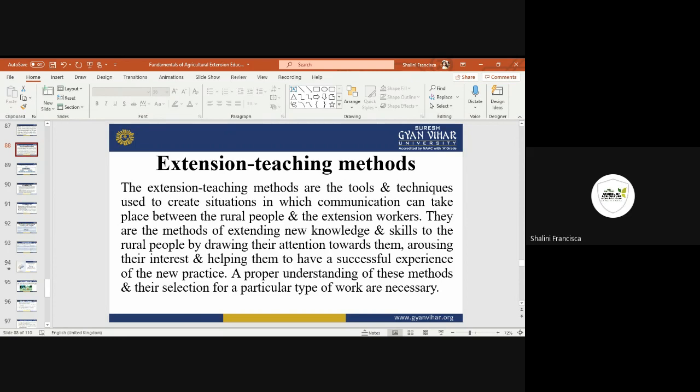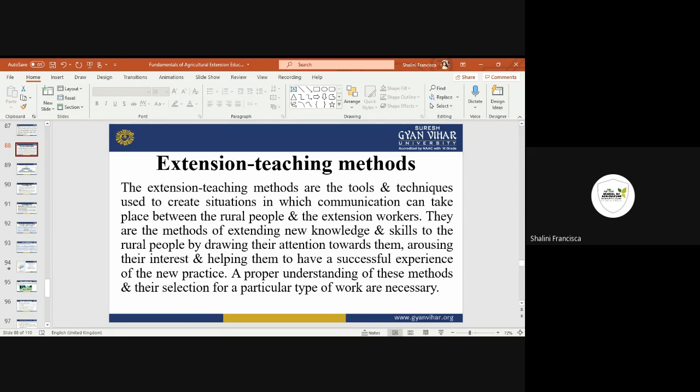Tools in this example can be the tractors or the machineries that are used, and how to install, how to start, how to use them, that can be the techniques.